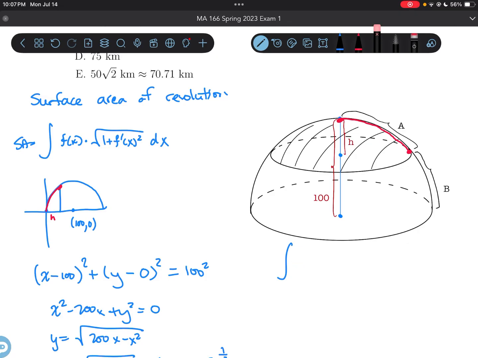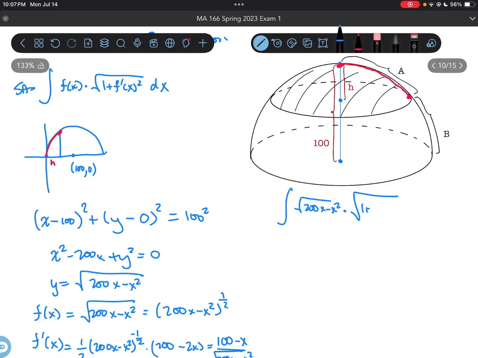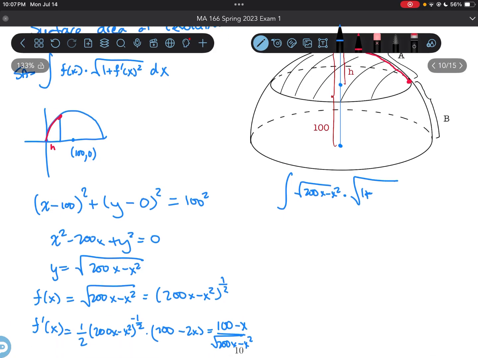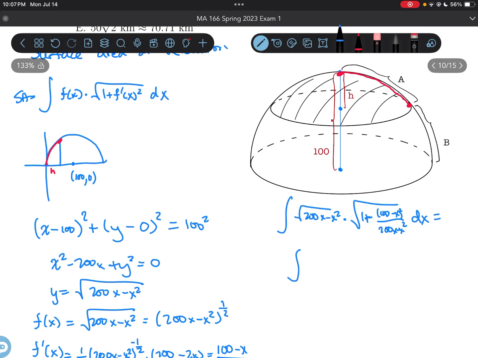So f of x is the square root of 200x minus x squared, times the square root of 1 plus 100 minus x squared over 200x minus x squared. And if I simplify this out, what I am left with is 100 dx.